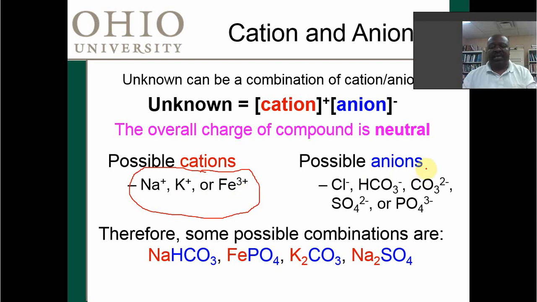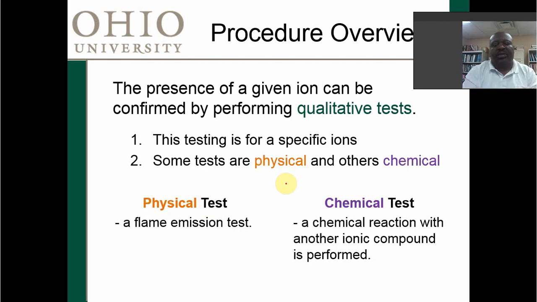For the anions, these are the possible anions: chloride, bicarbonate, carbonate, sulfate, and phosphate. And so you can combine one from the cation and one from the anion and come up with several possibilities for the ionic compounds. How are we going to identify them?